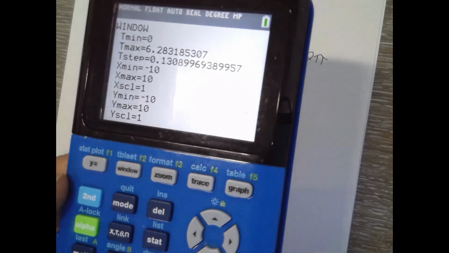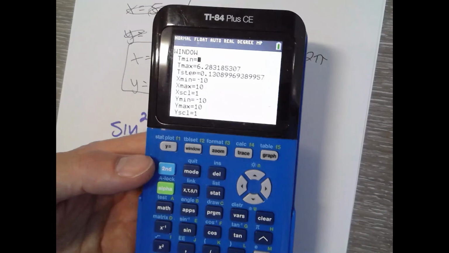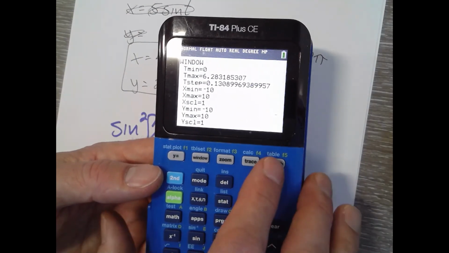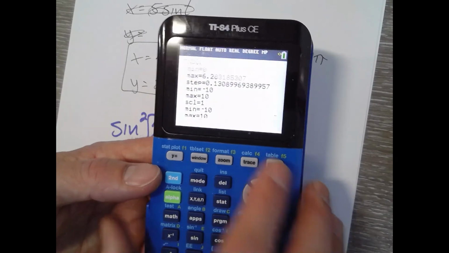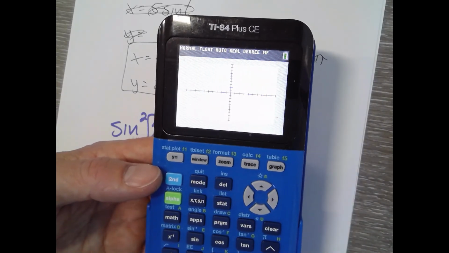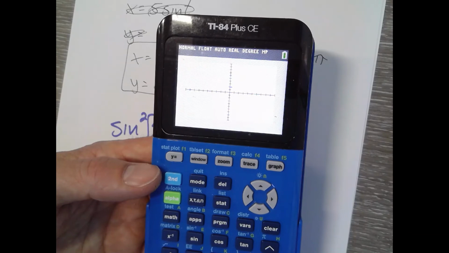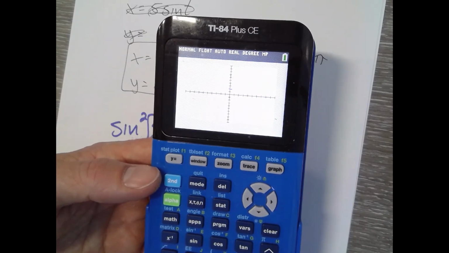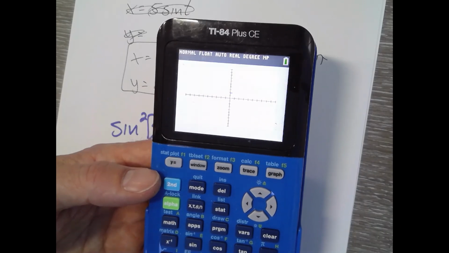That looks like it's kind of the default. So I'm going to hit graph and, shazam, I don't see anything. Wait, it's going.